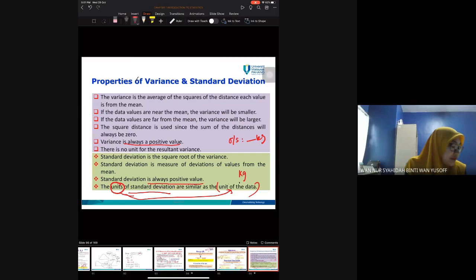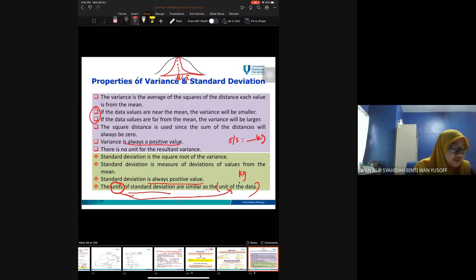If the data values are near the mean, the variance will be smaller. If the data values are far from the mean, the variance will be larger, because the variance itself is about the distance of the data value to the average. If we sketch these two cases, you will have this. This is the mean, mu or x bar.